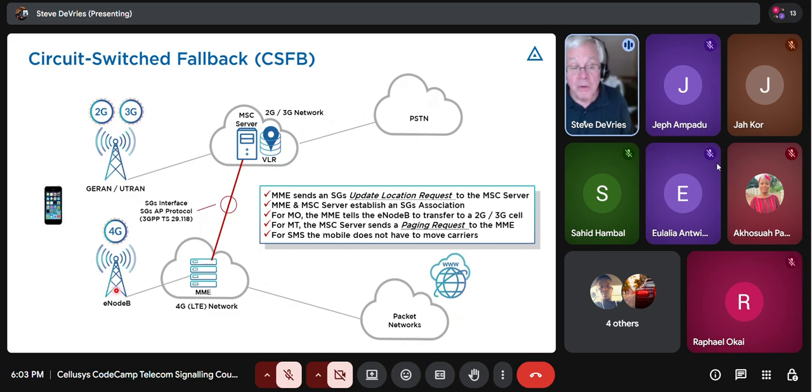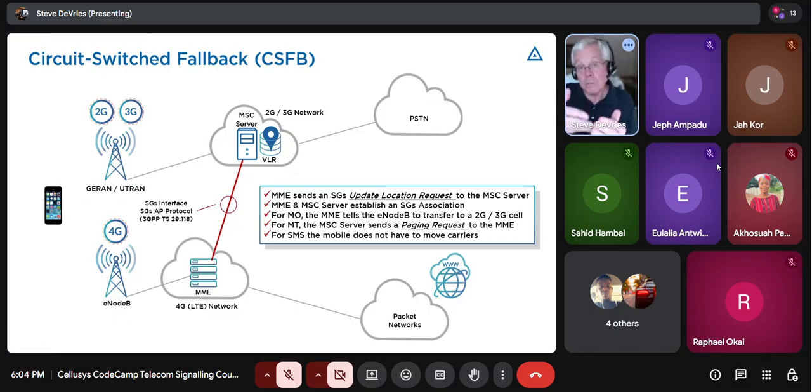The E node B will command the mobile, I want you to retune to a radio channel here so you can accept this call. Or if you're originating a call, the E node B commands the mobile to retune to a frequency so it can place a call.